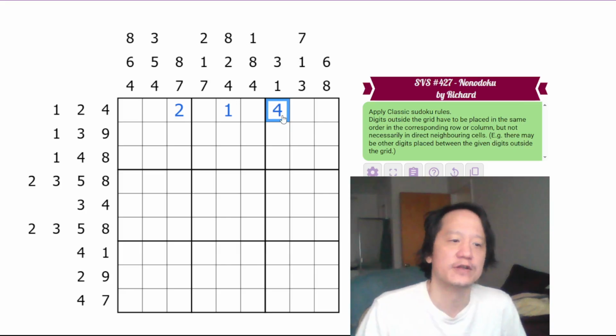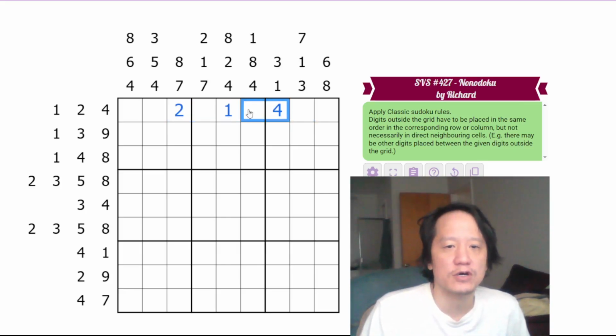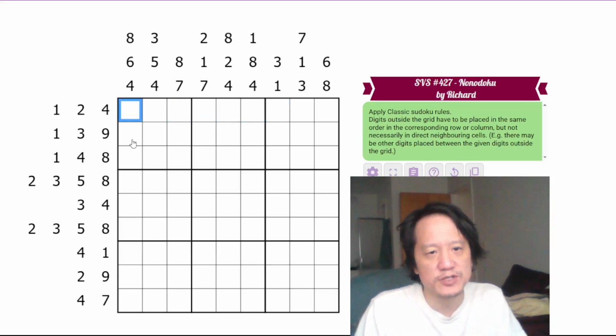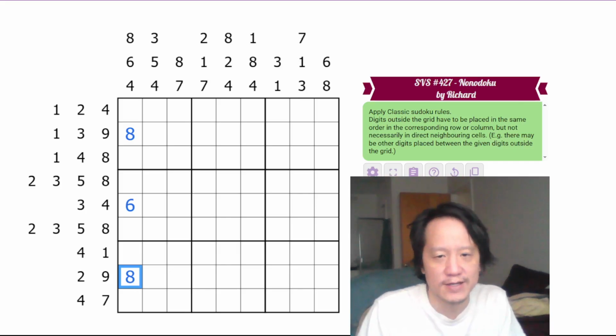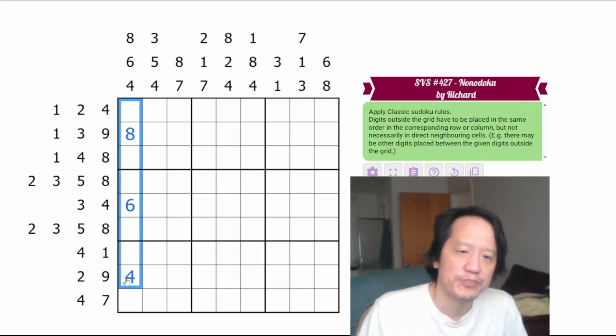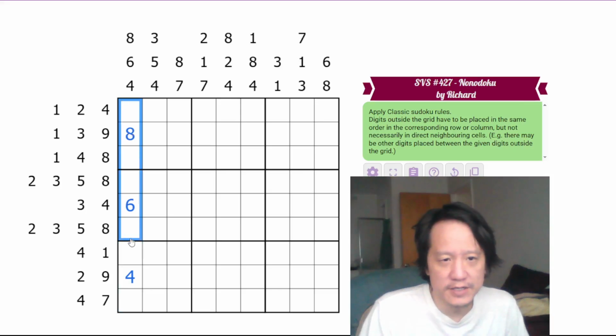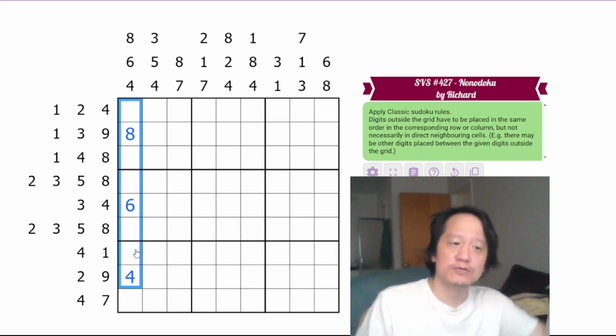That is not valid because the order of those digits is not the same as what is outside of the grid. So for example, if you have 8, 6, and 4 in column 1, it has to be the order 8, 6, and 4, but it doesn't have to be next to each other. And those are all the rules.